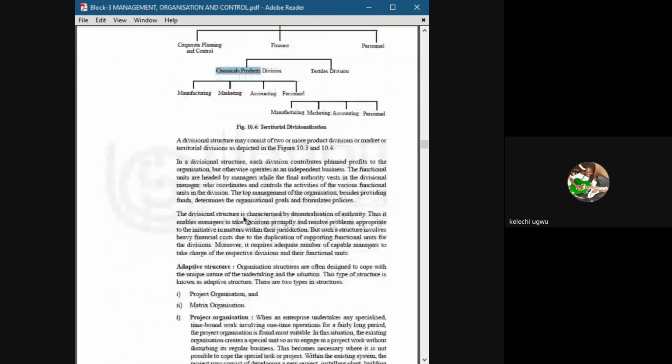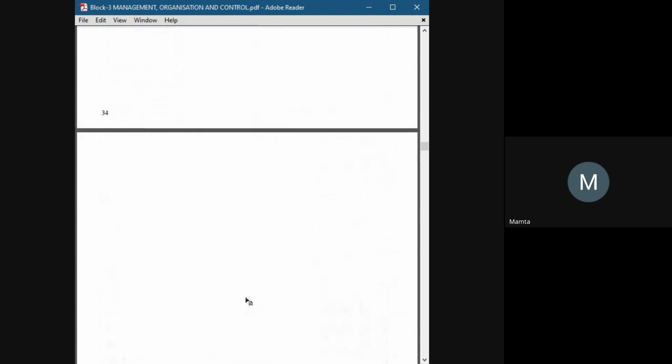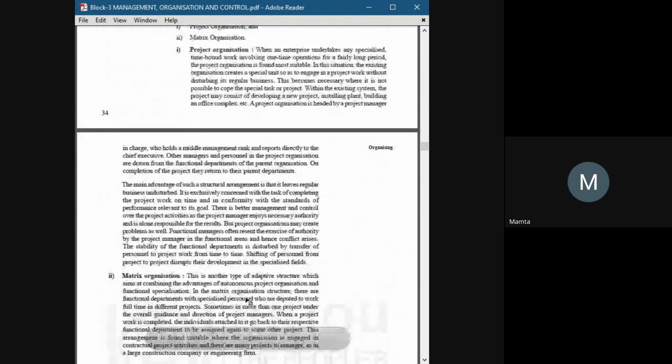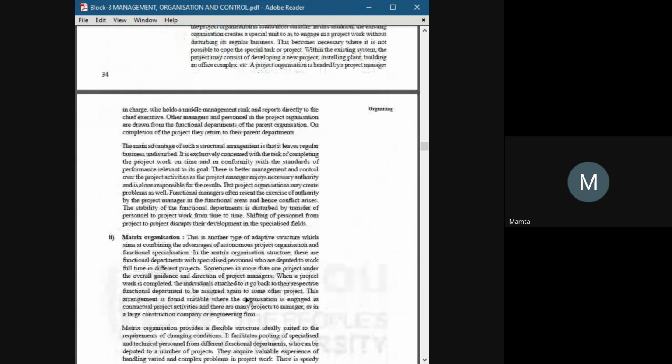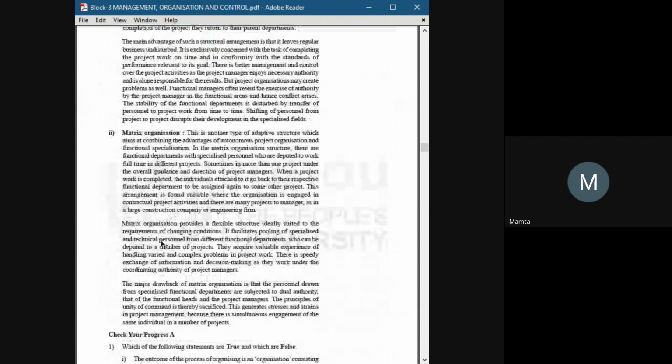I got you, ma'am. Okay. Now, we also talked about matrix in adaptive structure. Here the meaning of matrix is, if you have learned it in maths, a column and row structure.